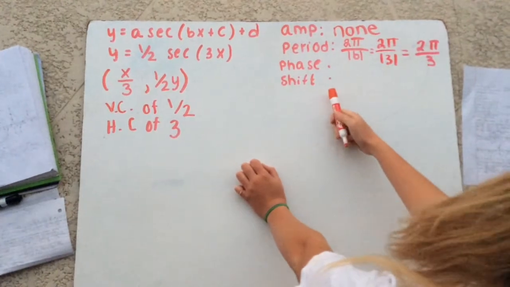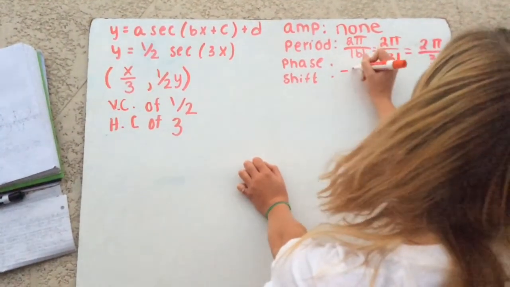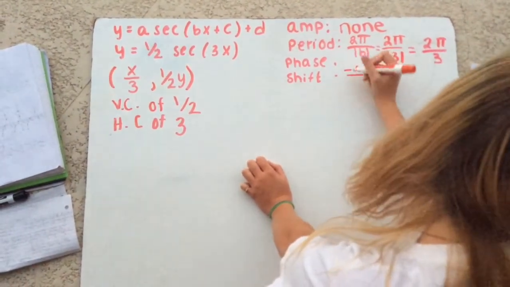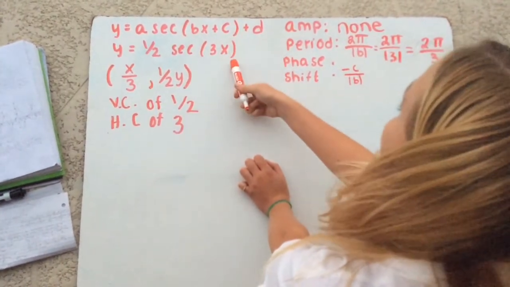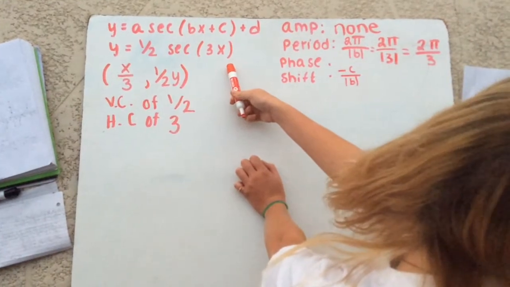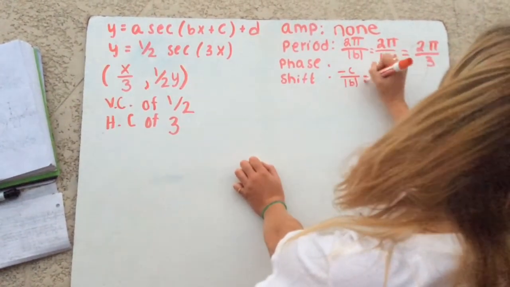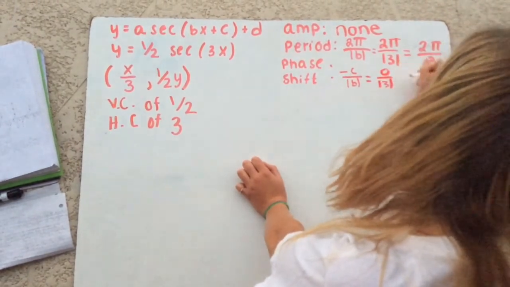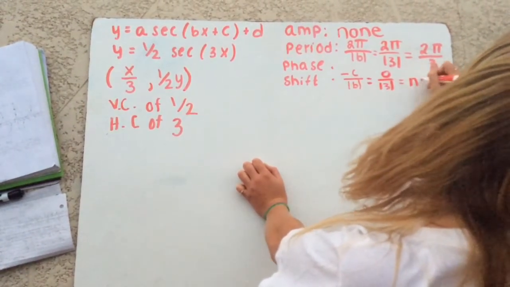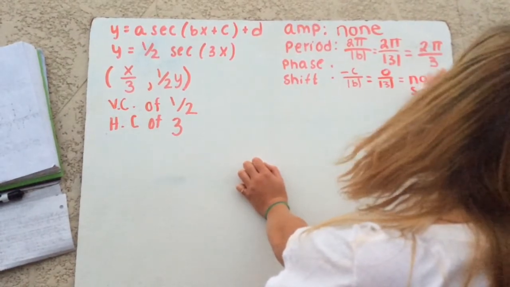To find our phase shift, we use negative c over the absolute value of b. C in this case, we don't have a c, so it would just be 0 over the absolute value of 3, which is no solution.